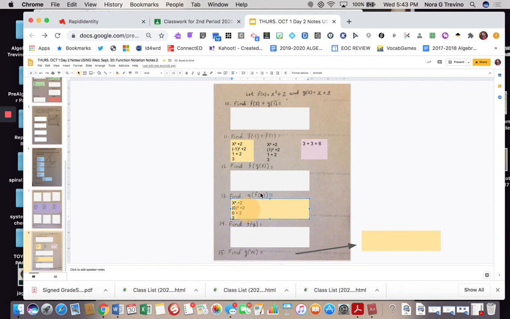So if you can picture this, I'm going to take away all of this because I already solved it and I got a 2. So if I change all this to a 2, now it's going to say g of 2. So that's exactly what you need to do. You now need to take the outside function, the g one, which says x plus 3. So let me take another text box.